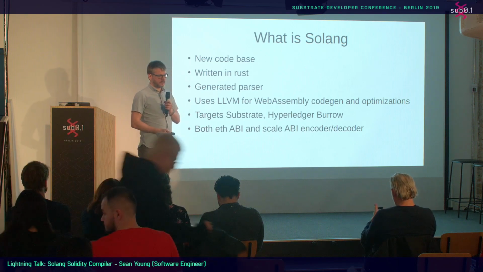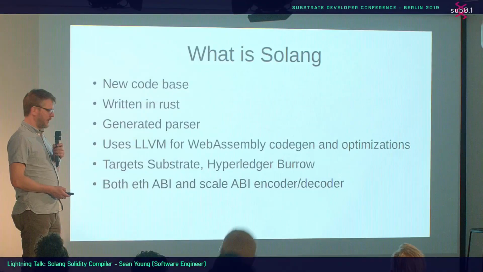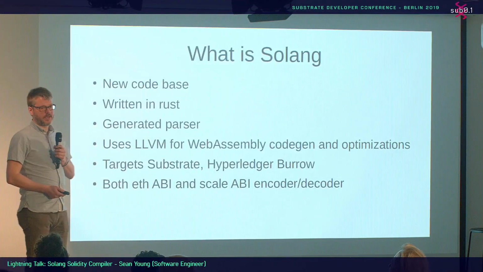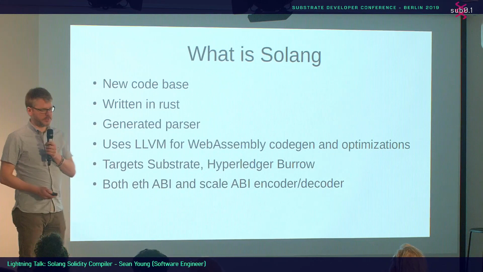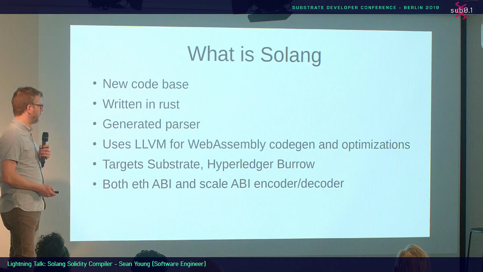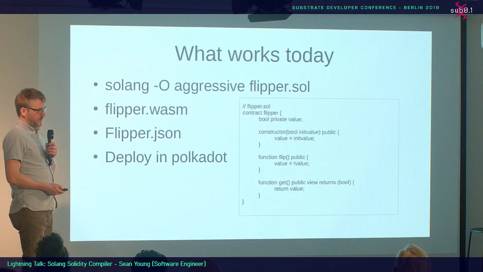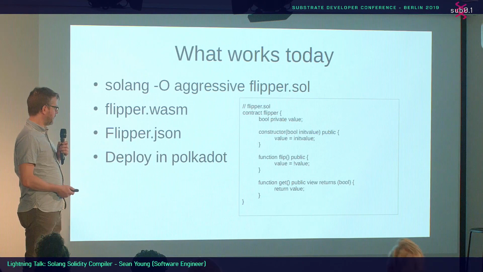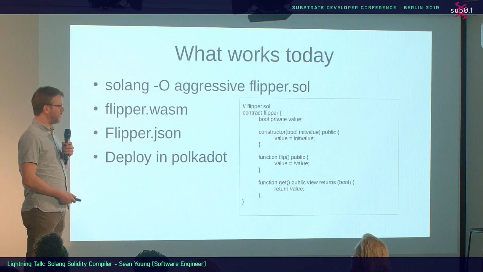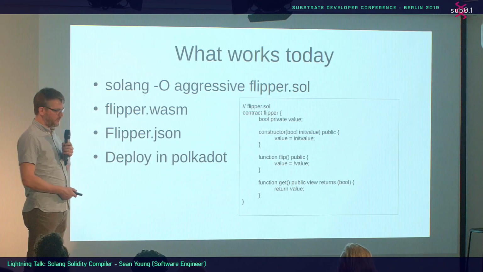So it targets Substrate. At the moment, it has an ETH and a SCALE ABI encoder. It's still very much early days, but this is what works today. You can run Solang. You can pass in an -O for optimization.